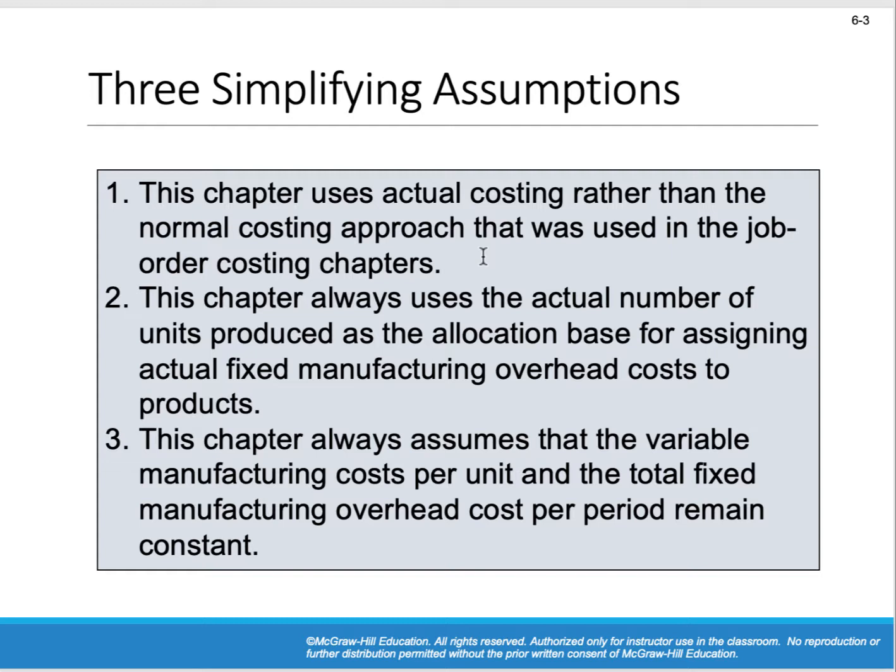What they're talking about is that element of manufacturing overhead. Manufacturing overhead was applied, right, based on some predetermined overhead rate. So here we're saying that, you know what? Actual costs are going to be used.